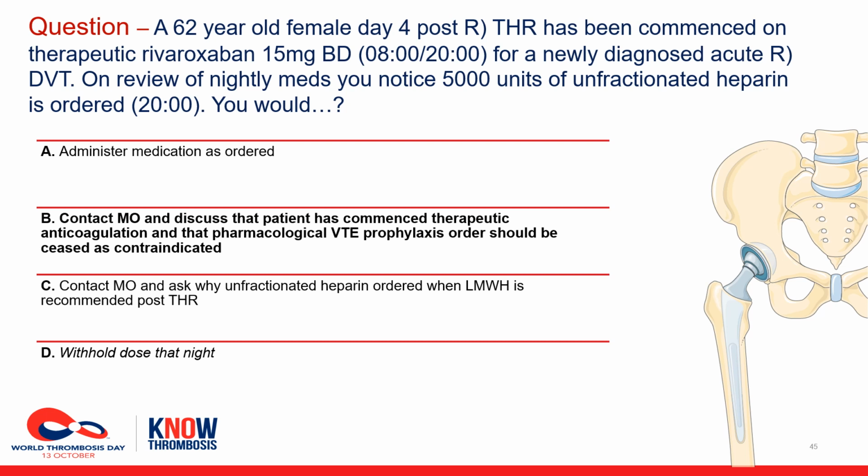It's certainly contraindicated. Withholding the dose at night isn't totally wrong, but as with the example before, you would much rather get it ceased because the nursing staff in the morning may not actually pick it up and then give an injection of heparin and also give a DOAC on top of it. So yes, B is the correct answer.